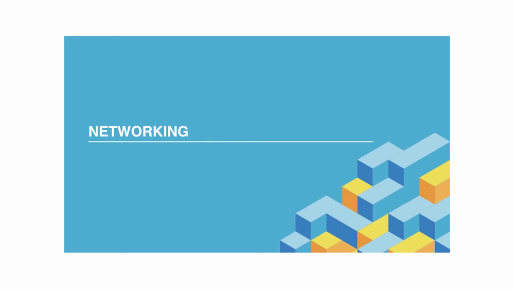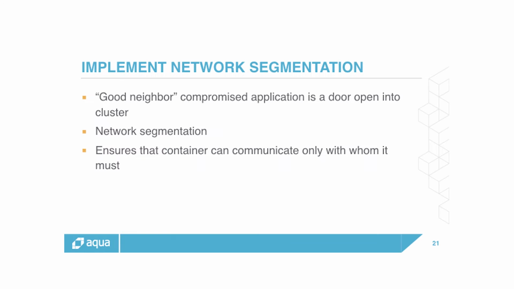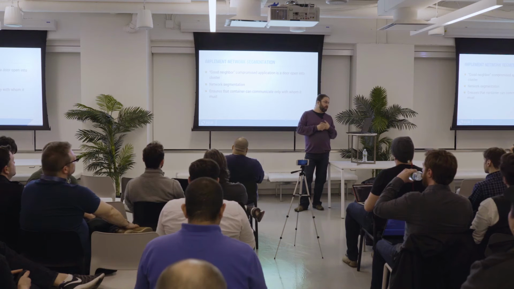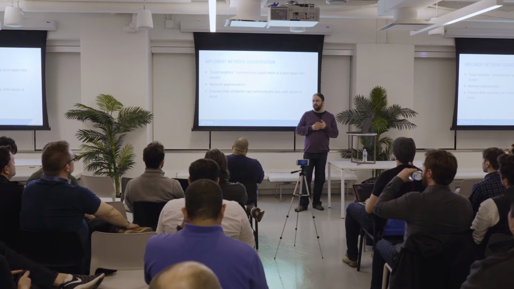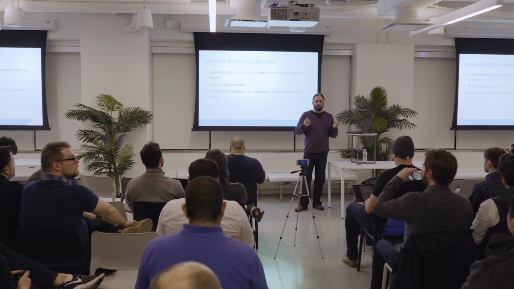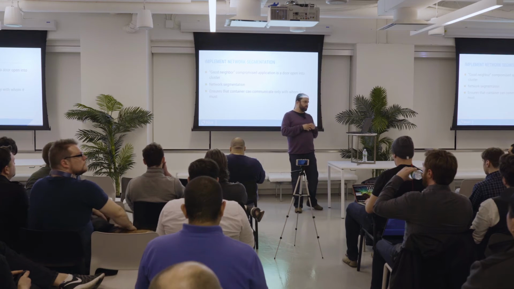Networking. If you have a container in your environment which got compromised somehow, and your network is not segregated, meaning there's no limitation applied, it basically opens the door to the whole environment because the network is practically flat.